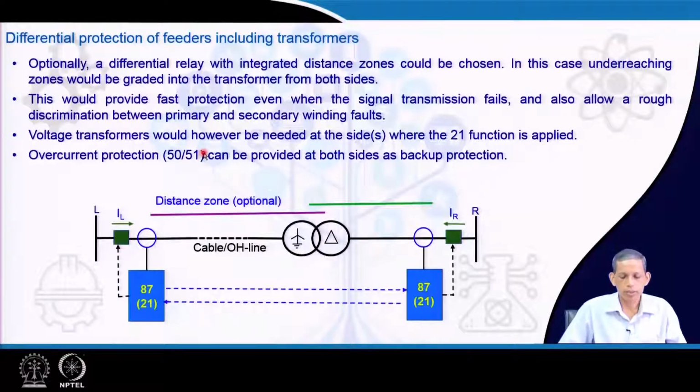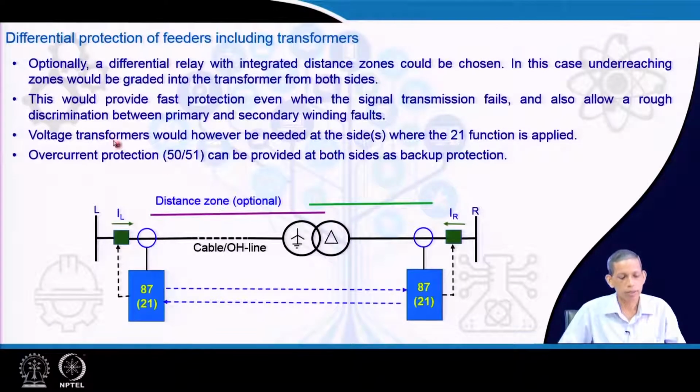Now, here also we can include distance supplementation, like what we talked about in the earlier application. Sometimes a differential is integrated with distance zones, and in that case an underreaching zone would be graded. In the earlier example we were talking about overreaching, now we are talking about underreaching.